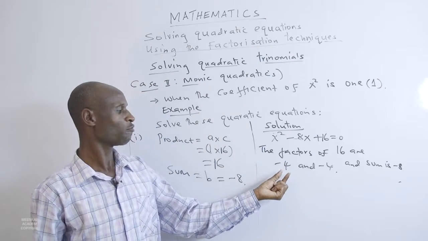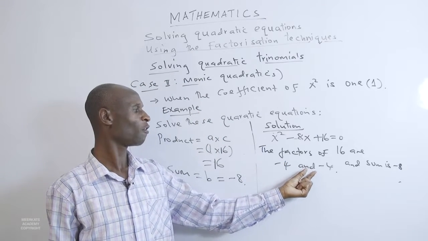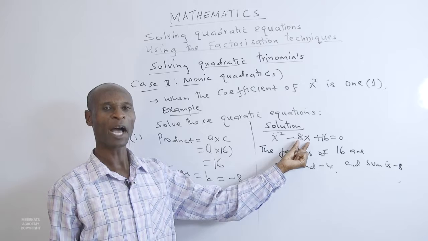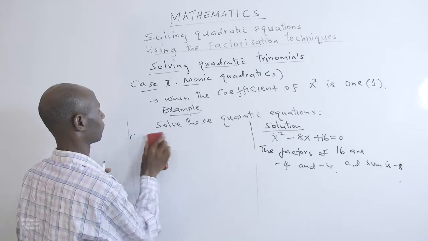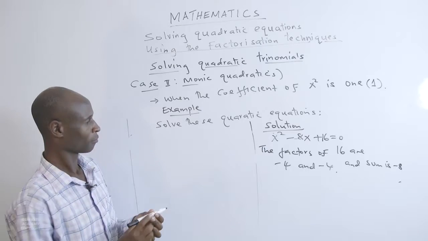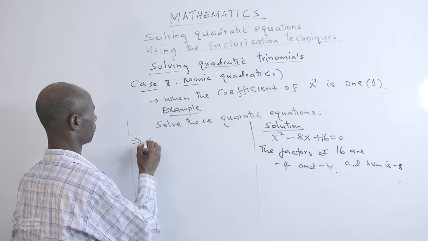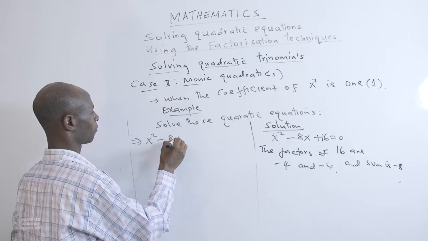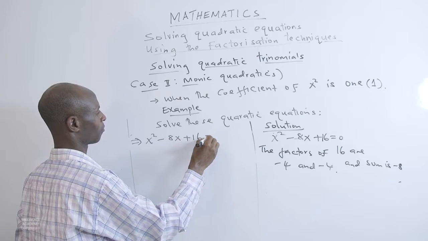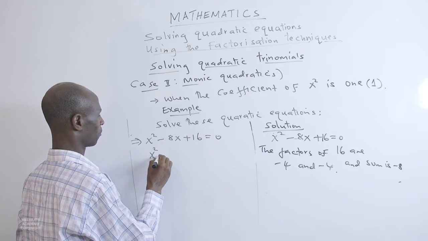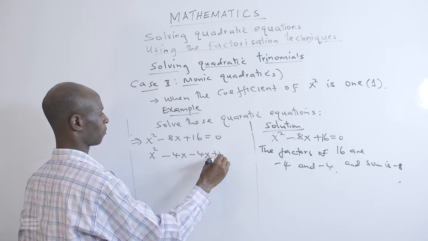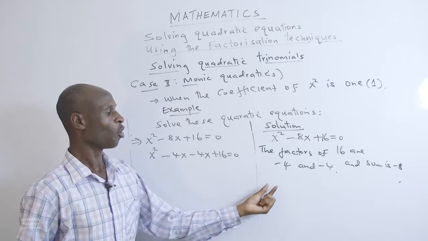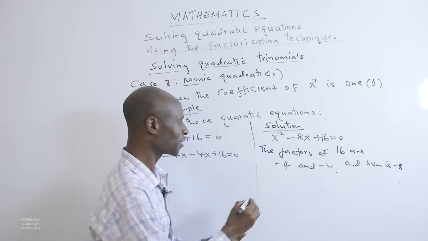So we use the two factors, negative 4 and negative 4, to split the middle term, which is the linear term. So how do we split?